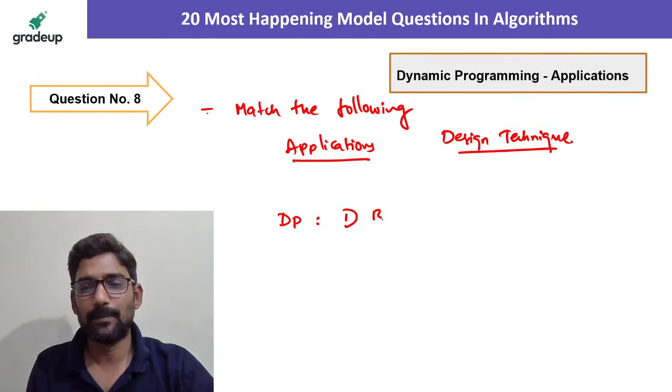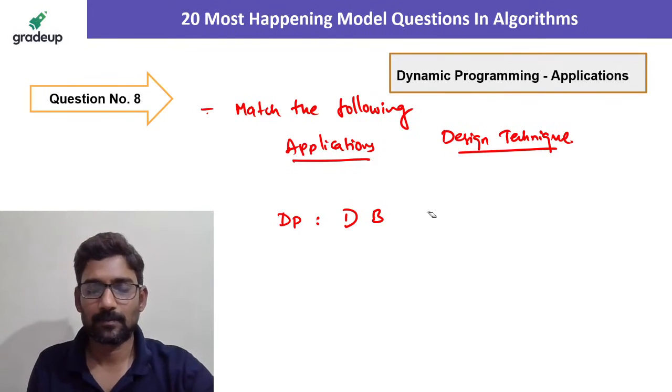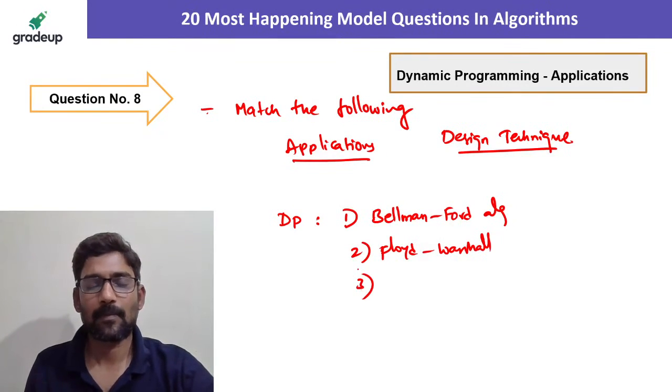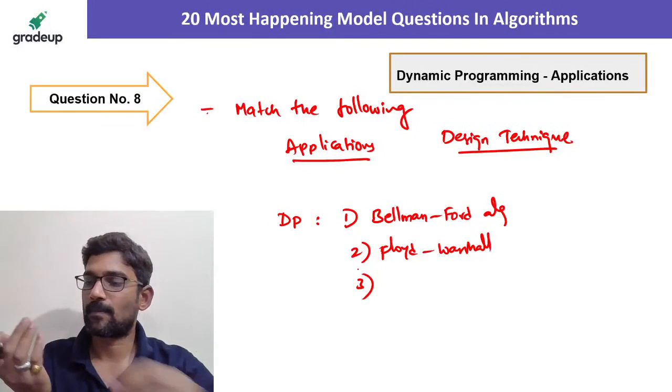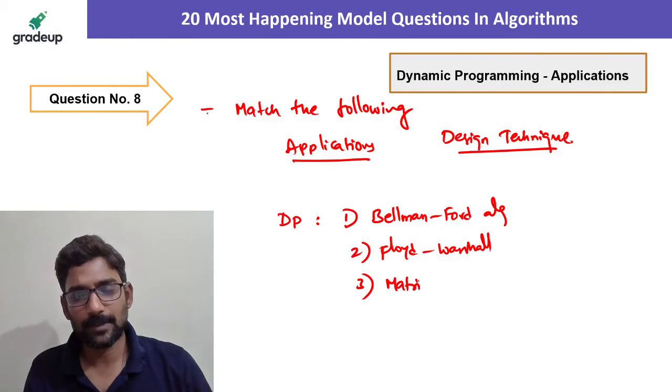You say Bellman-Ford algorithm. You say Floyd-Warshall algorithm. You say matrix chain multiplication.